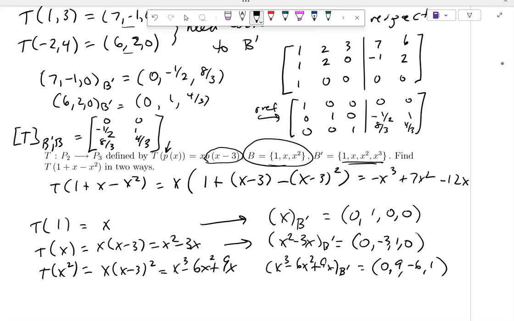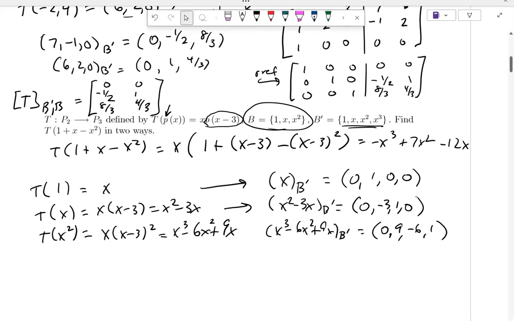Good. And then those are going to be the columns for your matrix. So your columns will be 0, 1, 0, 0, then 0, negative 3, 1, 0, then 0, 9, negative 6, 1. That'll be your matrix.